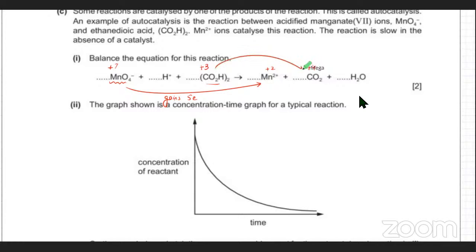It loses 1 electron. So they need to be made equal. I need to think of a number that I'm going to multiply both with. So I can multiply this by 5 and this by 1, and the number of electrons lost and gained would become equal. Is that clear?